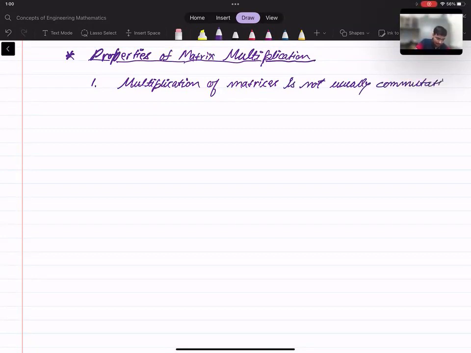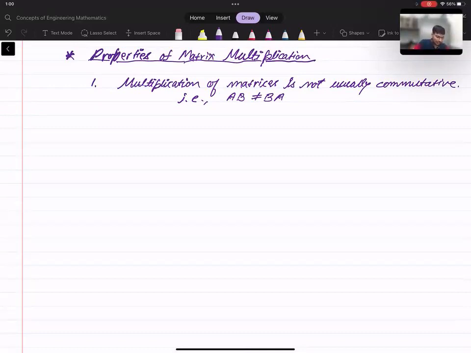It means that AB will not be equal to BA. So this is the very first property.